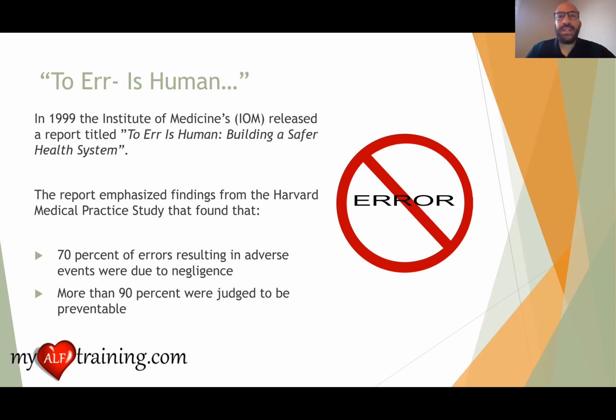And not just the money, but what those errors were and how they could have affected the patient negatively, leading them to stay at the hospital longer, when they could have gotten better quicker and gone back to their normal life. So this report by the Institute of Medicine was a huge milestone in medical professionals recognizing that we need to do something, and we need to do something fast.